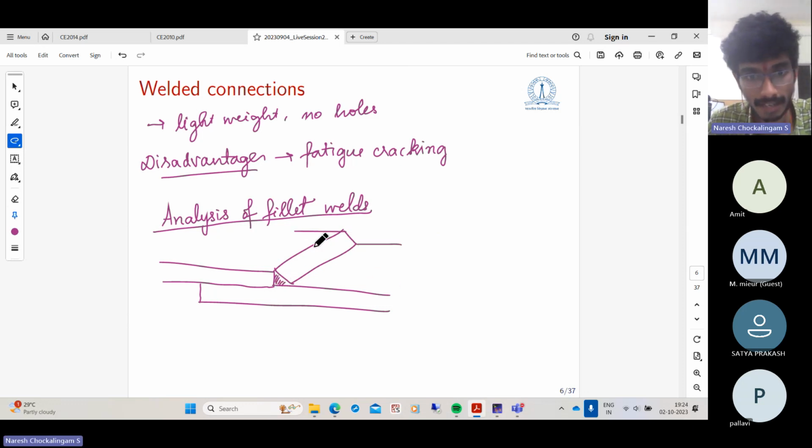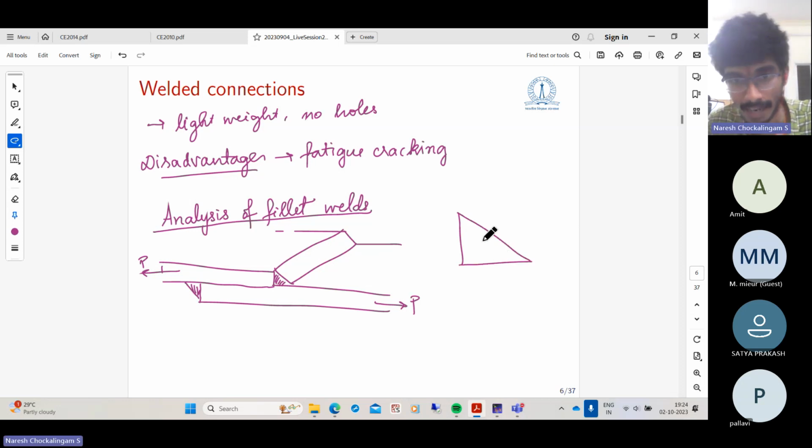This is how the fillet weld connects the two. It may be subjected to some forces. It's also a fillet weld here. So the first step, as always, this is a connection between two members, so find out what are the forces coming onto this connection. Then treat the weld separately. A weld can be of any shape.